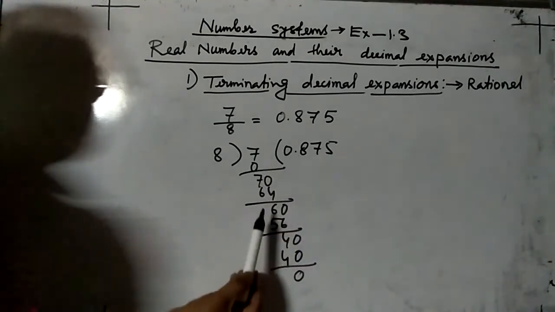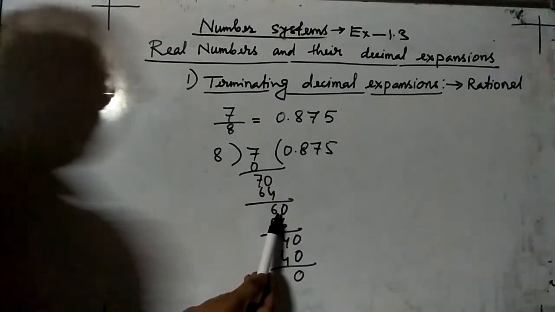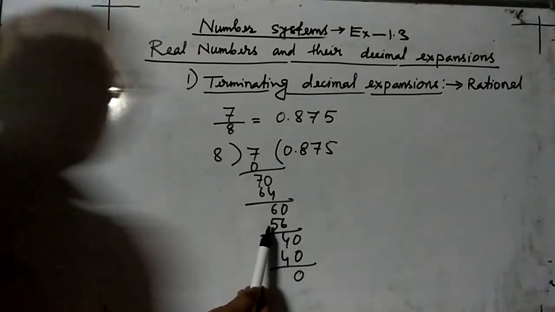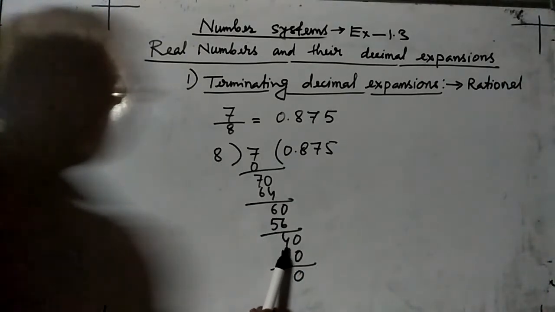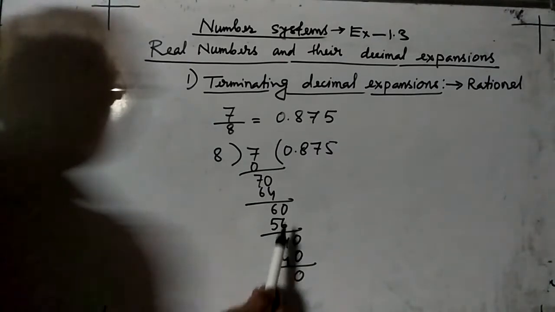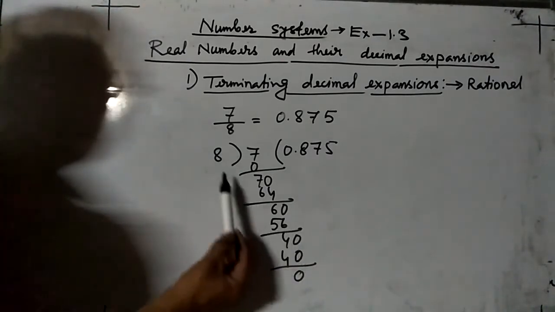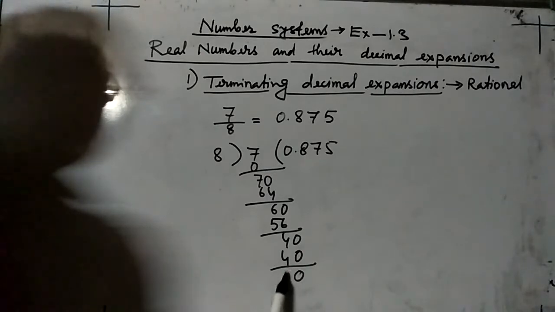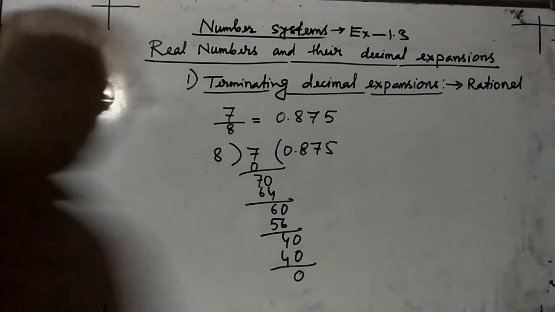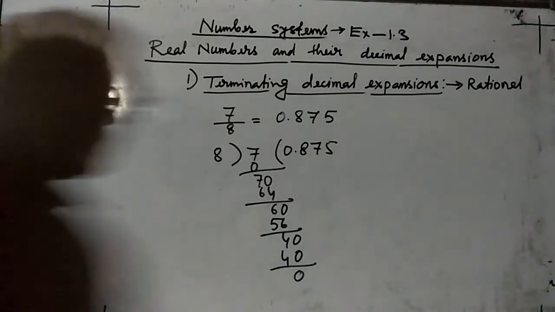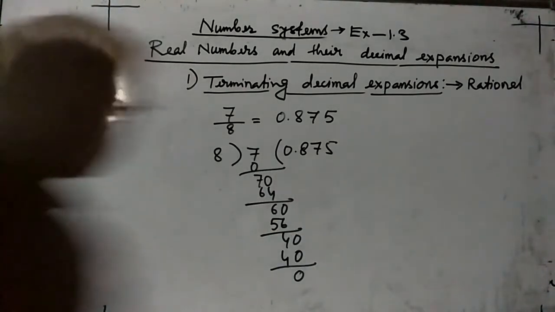Taking 0, you get 60, then 8 7s are 56, subtract and you get 4. Now again you can take 0. Now 8 5s are 40, and finally the division terminates and the remainder is 0. So this is called terminating decimal expansion, right?